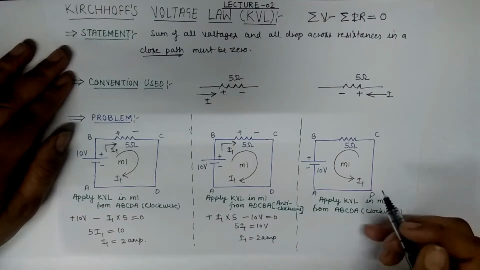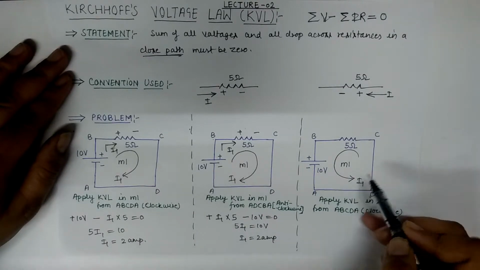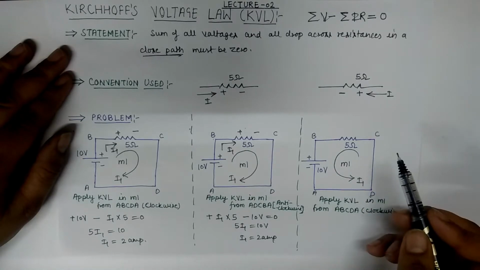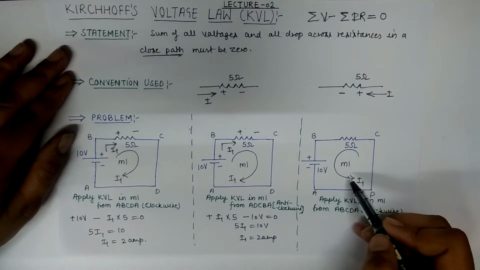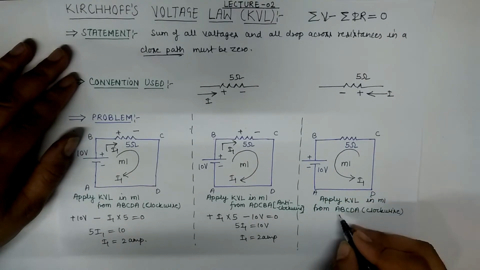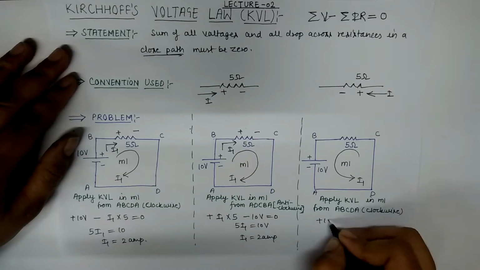Now in the third case, we assume the current anti-clockwise. We know that this battery is supplying the current, but by some mistake we assume the current anti-clockwise. So what will be the value? Now apply KVL from A, B, C, D, A. Start from A, last polarity, plus of 10 volt.